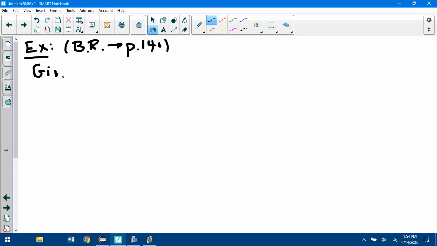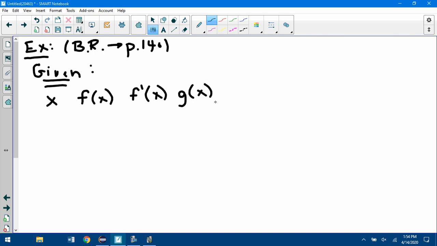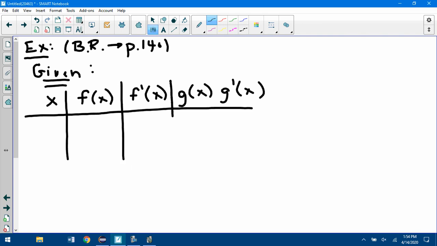Let's say I'm given this information in a table. So here's x. I'm going to give you information about f of x, f prime of x, g of x, and g prime of x. And we'll have x being 1, 1, 4, 3, 2.